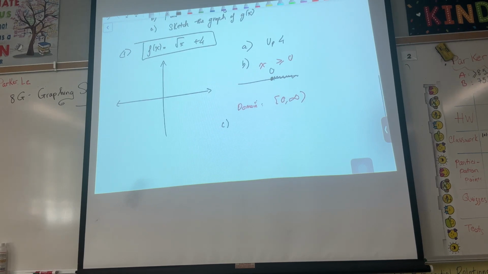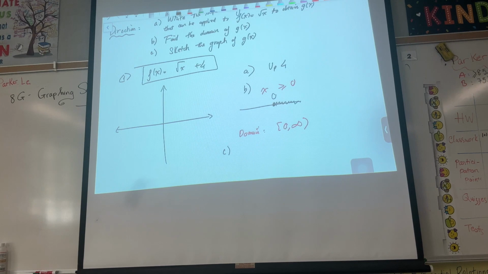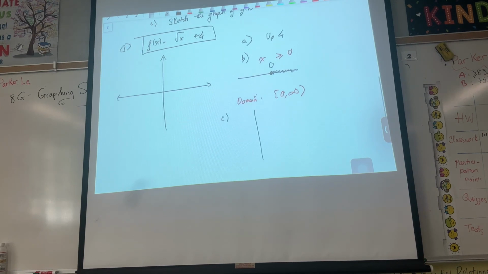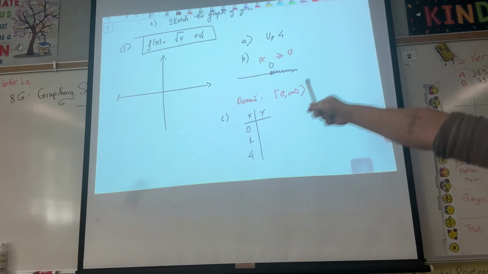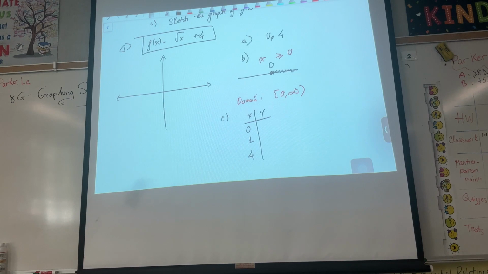Now, what is part C? Part C, you're going to sketch the graph. We use the T table. What numbers should I put in? 0, 1, 4. I like how you just said directly 0, 1, 4, because the 4 is outside, it doesn't make any contribution to the inside of the square root. Square root of 0 plus 4 is just 4.